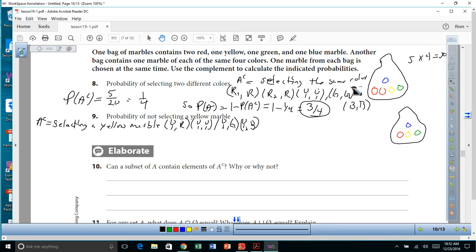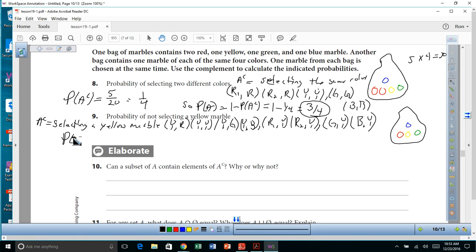And then if you draw a red one, let's see here, red 1, yellow, red 2, yellow. Now, you've already drawn yellow, yellow, so you don't include that again. And then you have green, yellow, and you have blue, yellow, right? Okay, so how many is that? 1, 2, 3, 4, 5, 6, 7, 8.